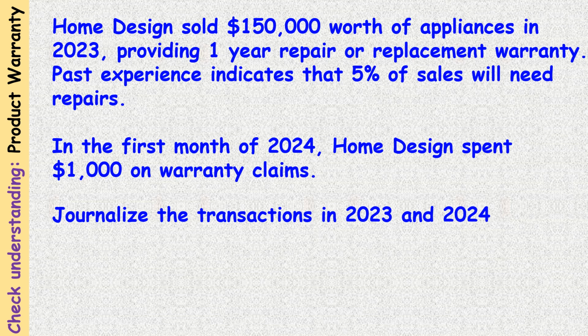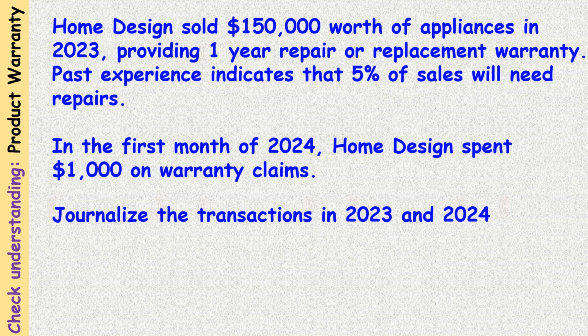So in 2023, Home Design sold $150,000 worth of appliances. And in the same year, Home Design is committed to providing 1 year repair or replacement warranty. Now, this replacement warranty will obviously be an expense that will be incurred.